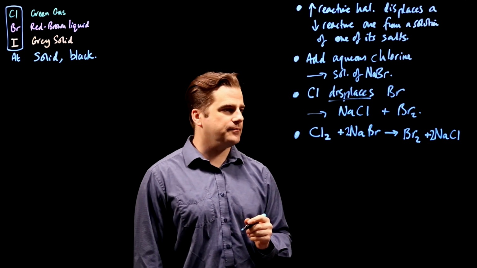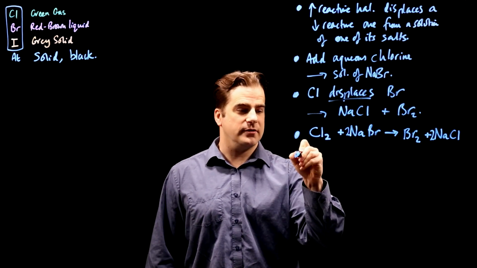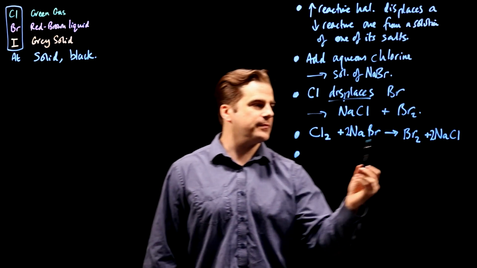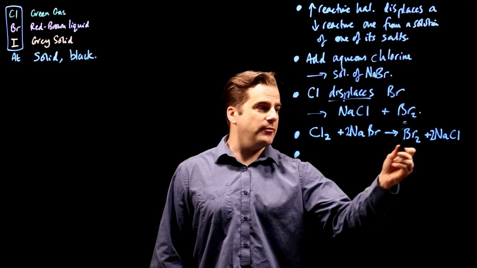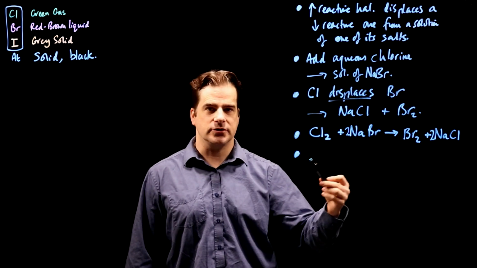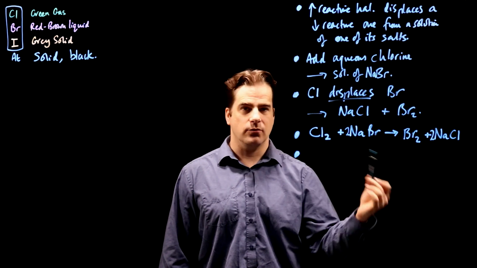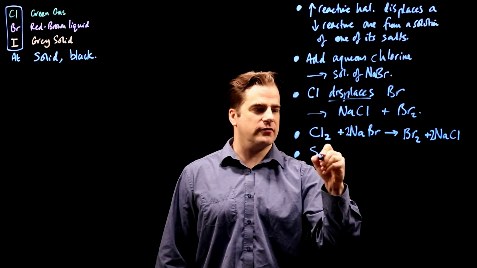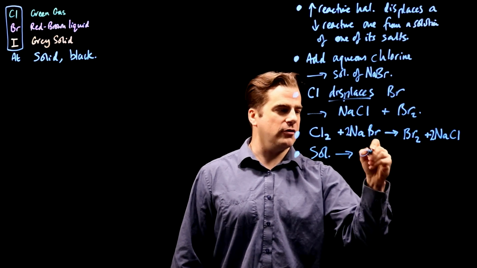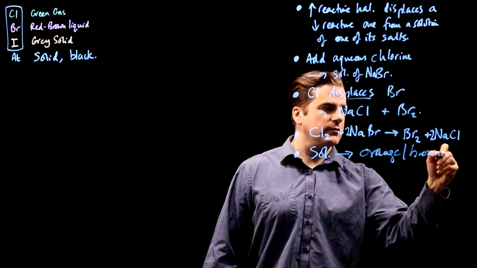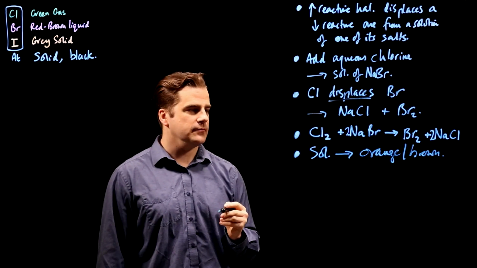Good. And say what you would see. How do you know a reaction has taken place? Well, you've now got bromine in solution, and bromine in water makes it turn a sort of orangey brown colour. So the solution turns orange brown from clear.